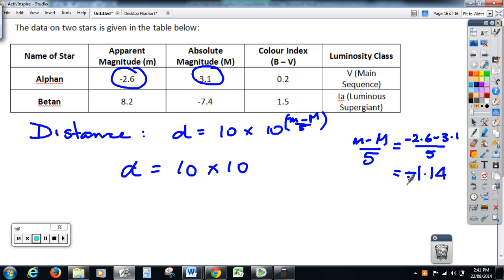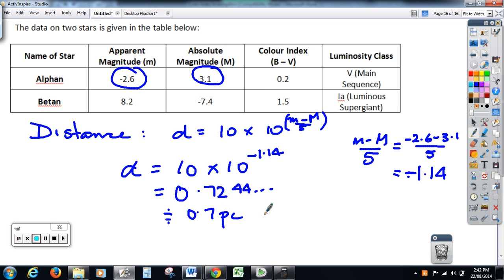That's a negative sign, negative 1.14. And all we now need to do is type that into our calculator and get the d in parsecs. I've got 0.7244 parsecs, which we'll just round to 0.7 parsecs there.